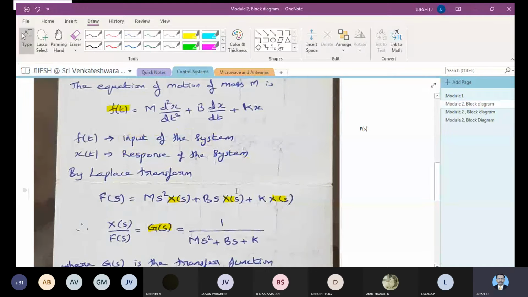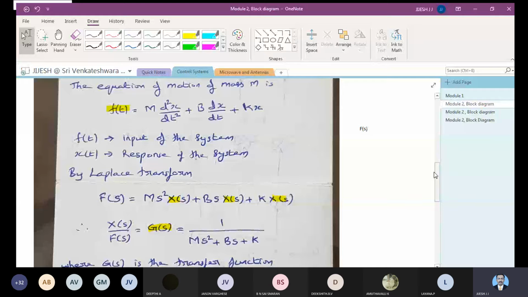So taking the ratio, that is x of s by f of s, you call it g of s, and that is equal to 1 by the terms ms square plus bs plus k.